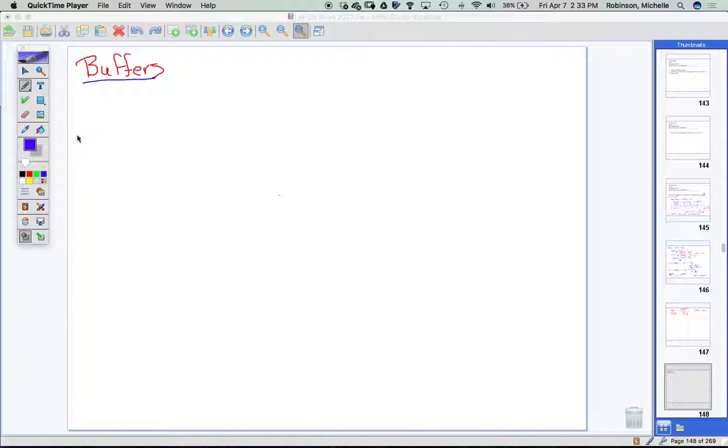All right, buffers. First of all, we have to know what a buffer is. Anybody have a clue? Yeah, that's what a lot of people say, that it slows down the reaction. It doesn't really slow it down. Anybody use buffers in biology? Tums?